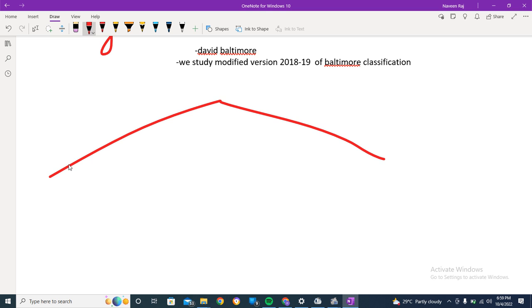The first is DNA virus. On the basis of genetic material, we have two kinds: one is DNA and the second is RNA. So the major two classes of virus are DNA and RNA.